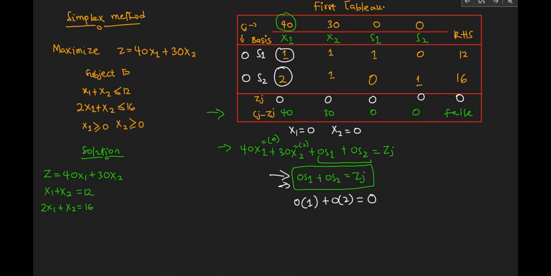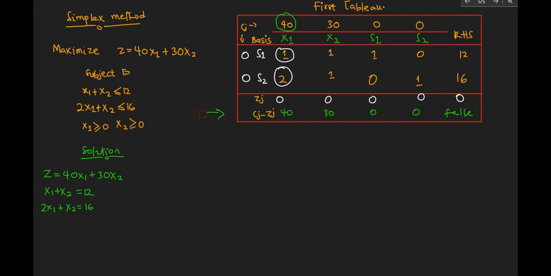Okay, so now that we've not gotten our optimum solution, what do we do next? We know that S1 and S2 don't contribute to the value of Z, which is the value that we want to maximize, right? So what do we have to do?